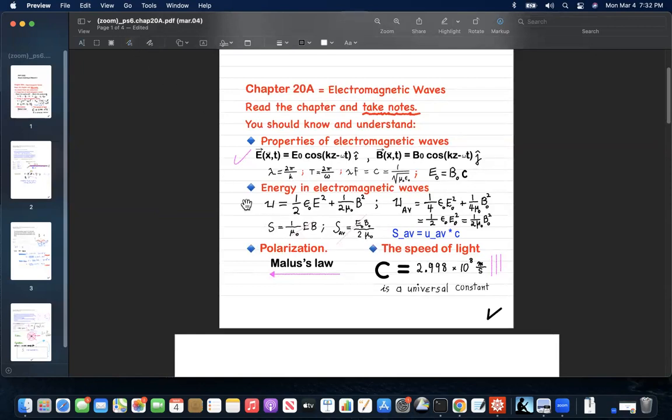These equations are not in the book, so ignore them. But these equations for electric field are in the book. In fact, we've seen them in previous chapters. And intensity is average energy flux. We've seen a couple of examples of these in these problems.